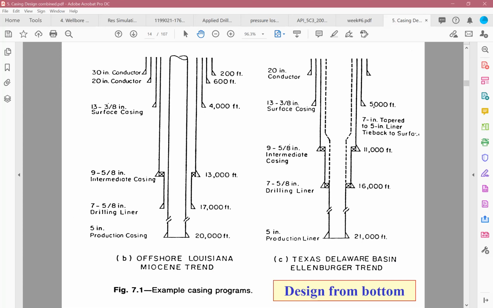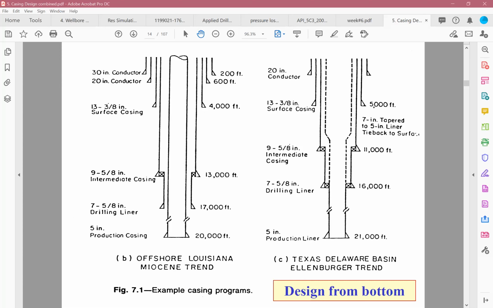What do you guys think are the most important criteria for designing a casing? I mean, what should we have in mind when we design a casing? What criteria do you think are important? I'm assuming economics is probably the highest one.